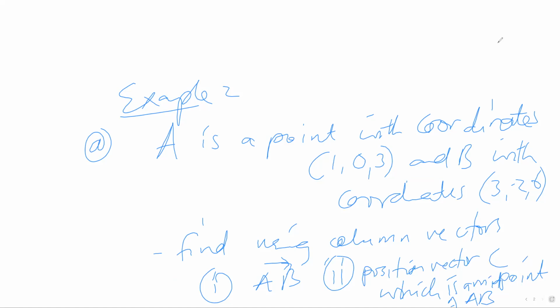So the first thing to find is AB. We can do a rough sketch of this, but for the first question we don't even need a sketch because it is asking us to find AB.